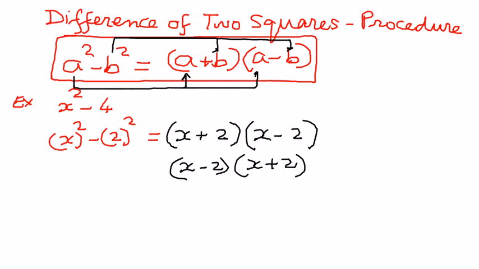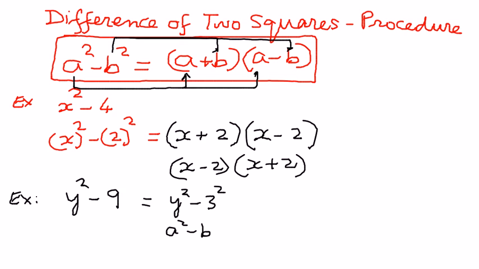Let me try another example here. Let's say we have y squared minus 9. So this is of the form y squared minus 3 squared. 3 squared is a perfect square, isn't it? So therefore this is of the form A squared minus B squared.